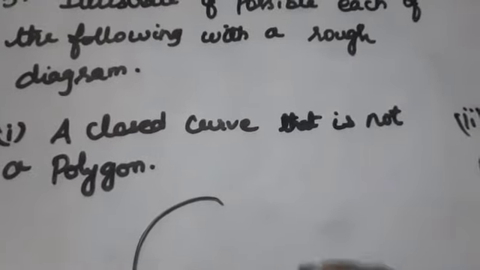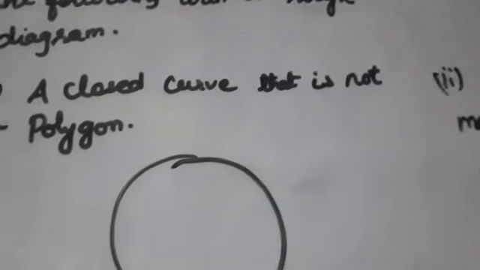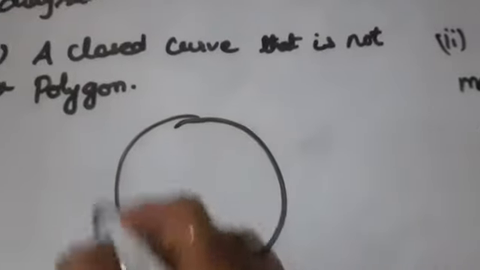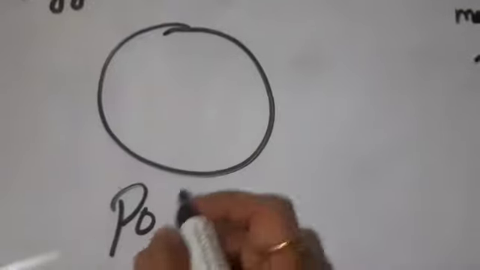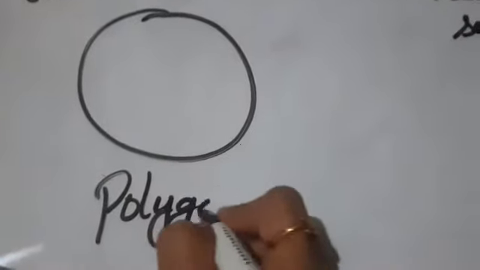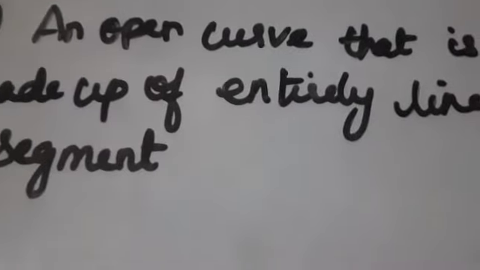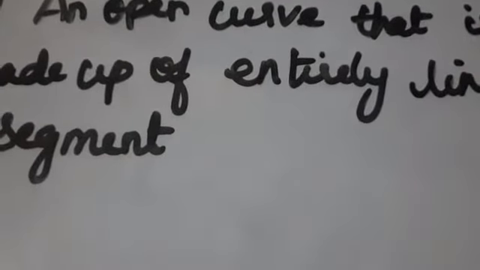So we know that a curve is not a polygon. See here, I have drawn a curve and it is closed. This closed curve is not a polygon. The second statement they have given is an open curve that is made up of entirely line segments.